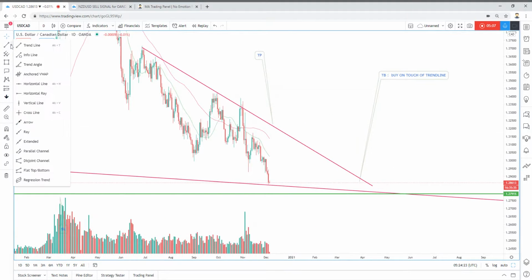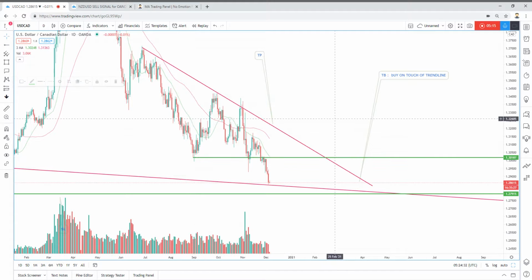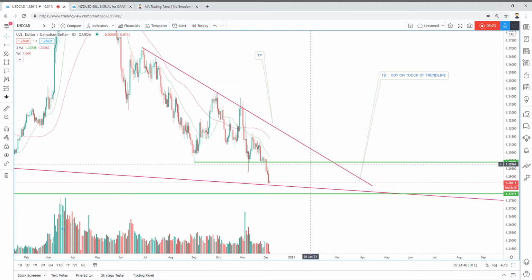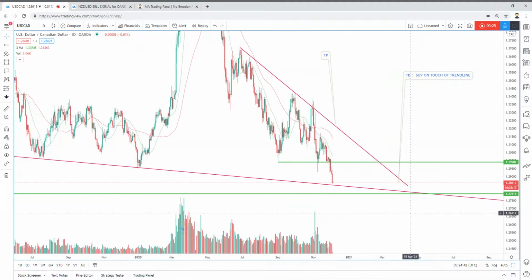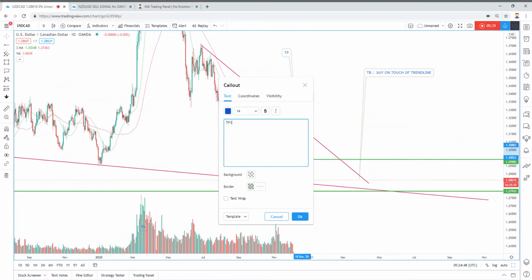And finally, TP1, where I'm going to close some of my trade, is going to be here. Even if I see TP1 is 170, let me move it a little bit lower. Maybe I'll take my first take profit here. So this is my TP1, where I'm going to close around 50 or 60% of my trade.